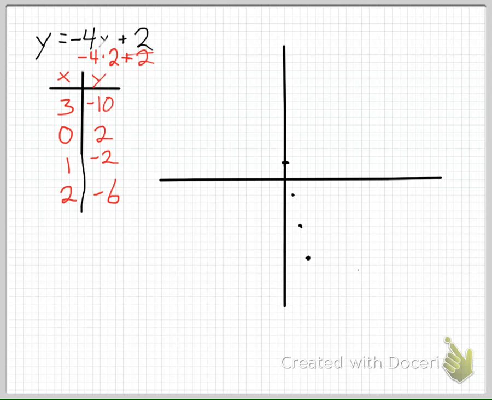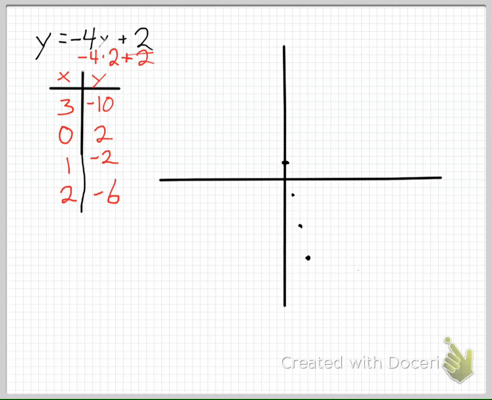Now, do those 4 points look like they lay on a line? Okay. Now, one suggestion. You should always, in a t-table, find at least 3 values. Because do you make careless mistakes sometimes? Yes. Now, here's the thing.